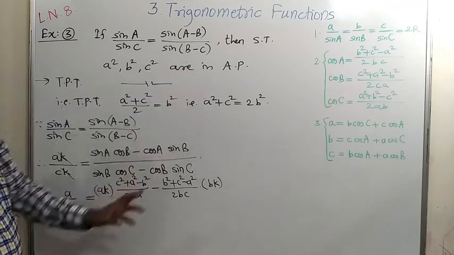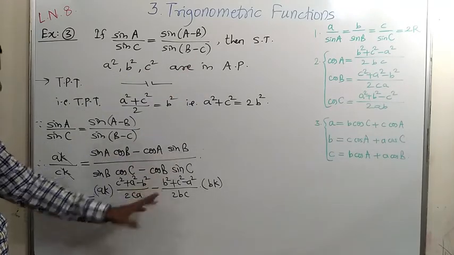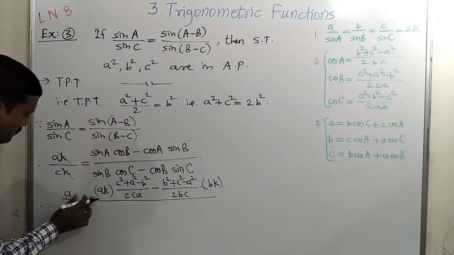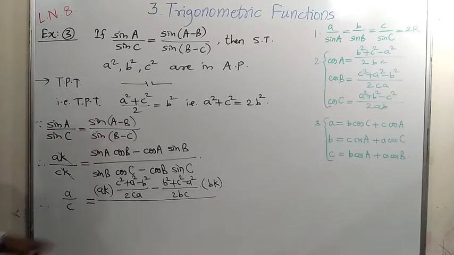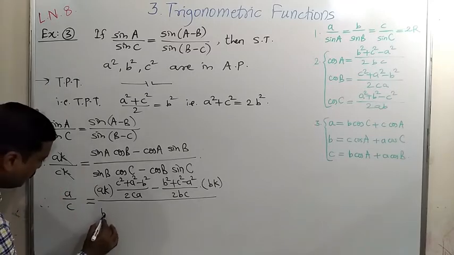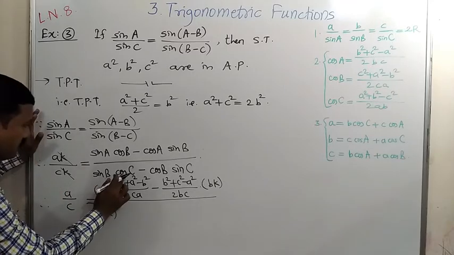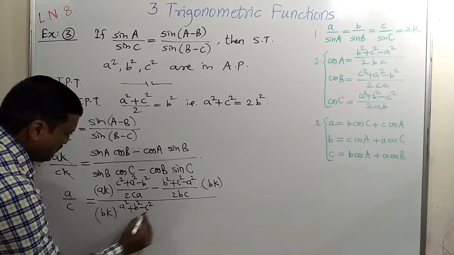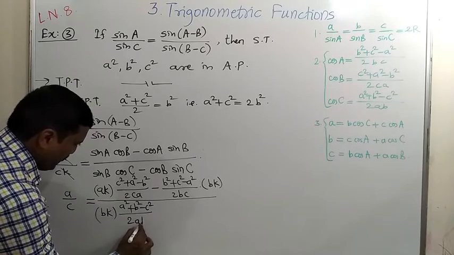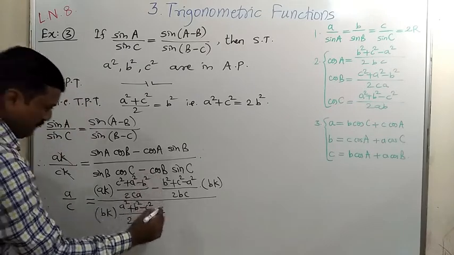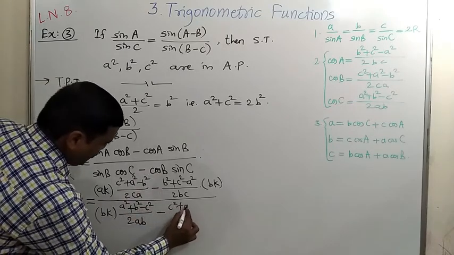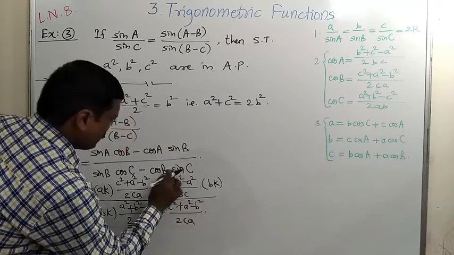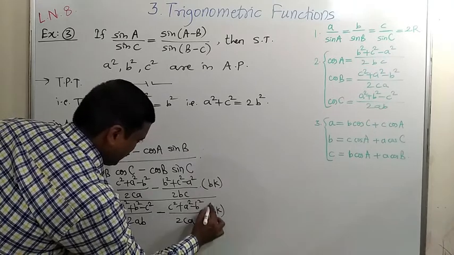That is using cosine rules for angle b and angle a, whole divided by sin b which is bk into cos c. Cos c is nothing but a square plus b square minus c square upon twice ab, minus cos b is c square plus a square minus b square upon twice ca, into sin c is ck.